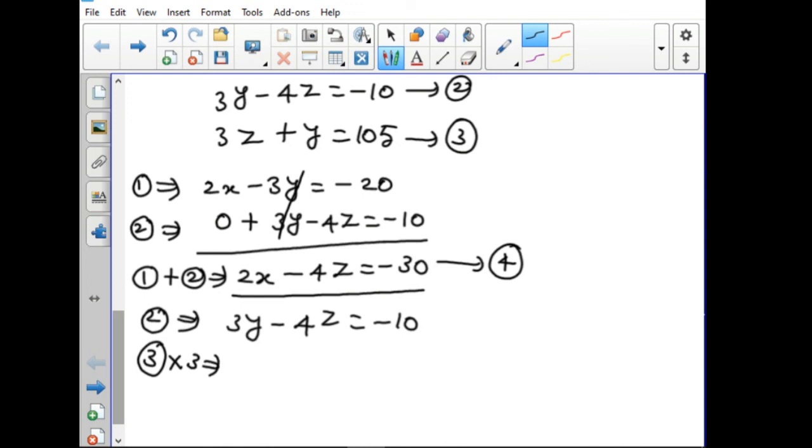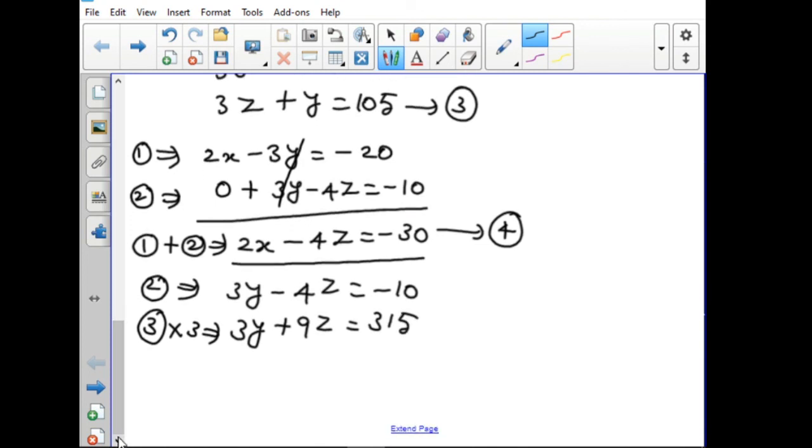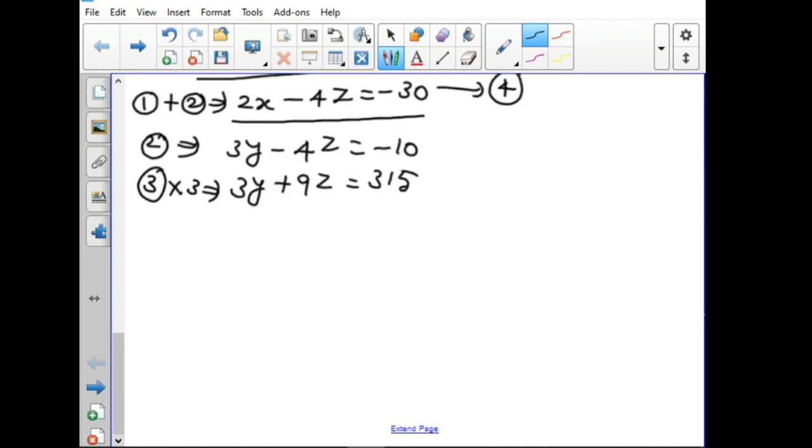So multiplying by 3, 3 into y, I am getting 3y. Next, 3 into 3 means 9z, equal to 105 into 3, which is 315. We are getting like this. See here, now we have 3y and 3y. Now we can solve the equations easily, but here 3y and 3y are both positive.